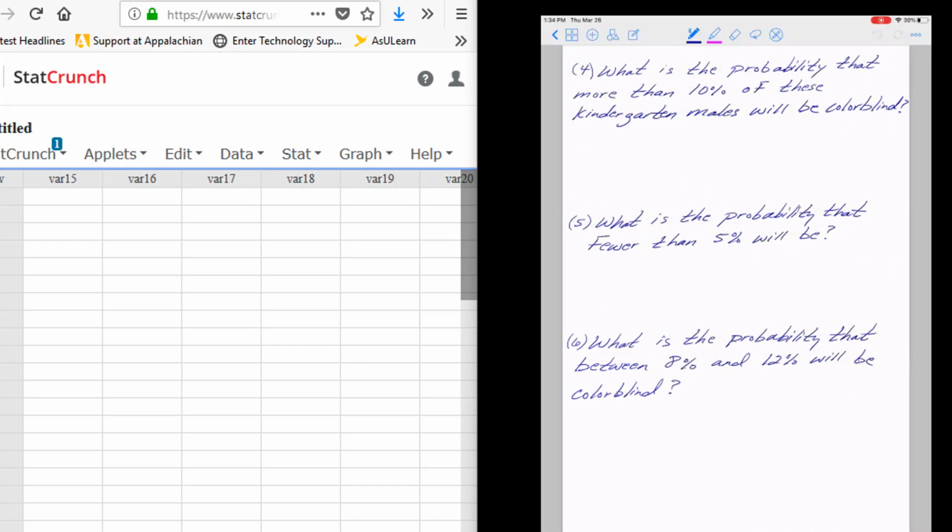Okay, next part of this example question. What is the probability that more than 10% of these kindergarten males will be colorblind? So, given our distribution here, we said it qualifies as being normally distributed, so I'm a picture person. Let's just make a little picture of what we've just now asserted on the last page.